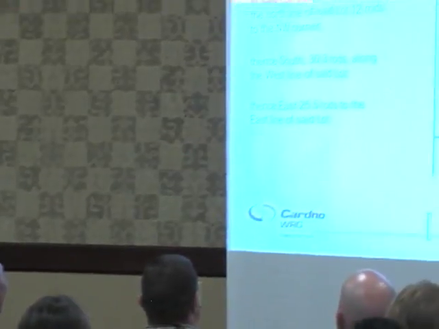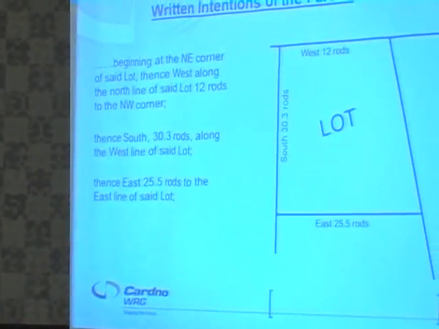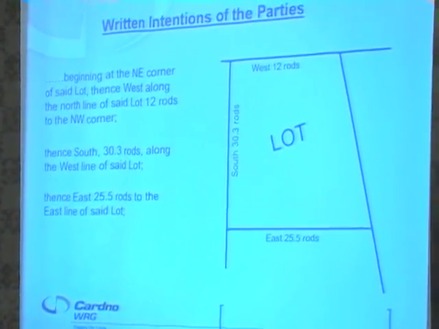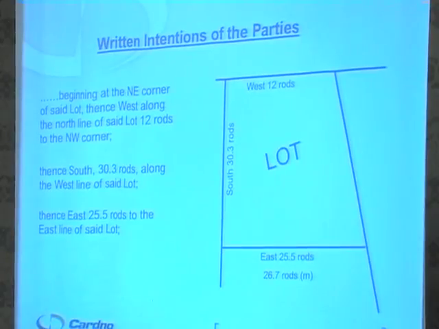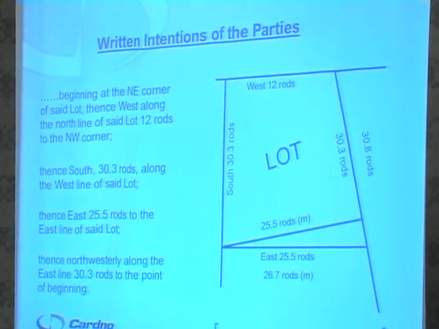South, along the west side. East, 25.5 rods. This is going great. We're not having any trouble. Oh, crap. It's not 25 rods. We go straight east, and it's 26.7 rods. Not only that, but we go up there, and it's 30.8 rods, and we're in deep trouble because we have a problem.